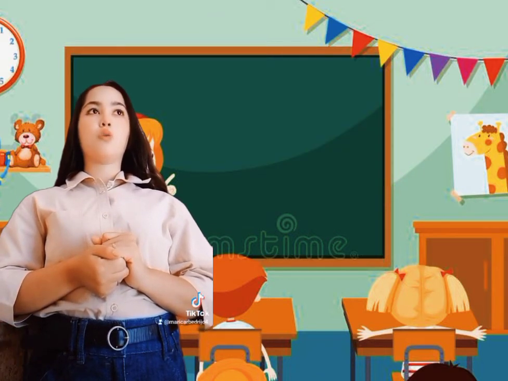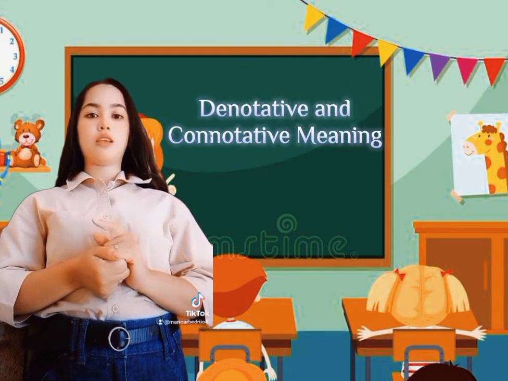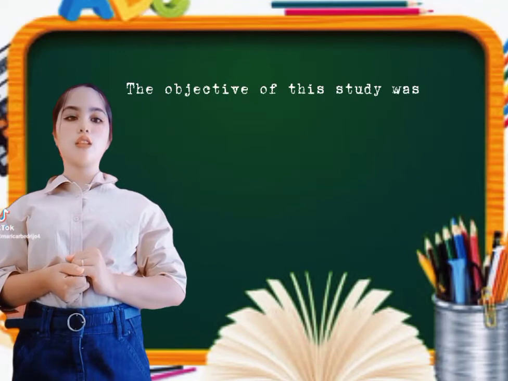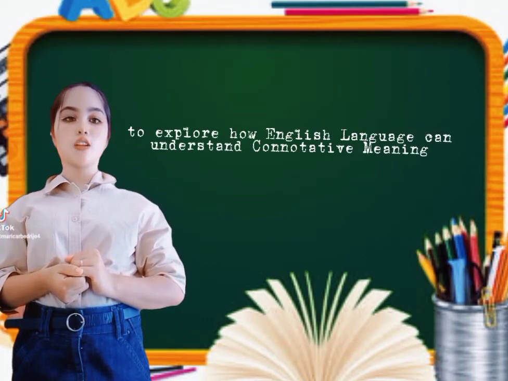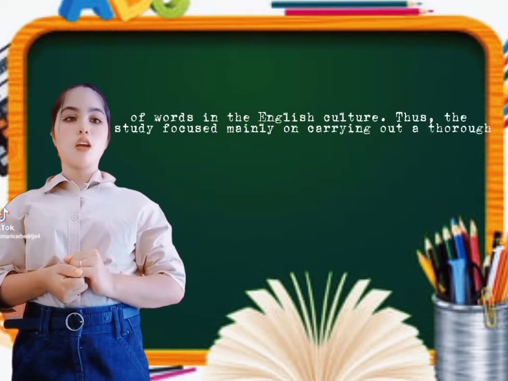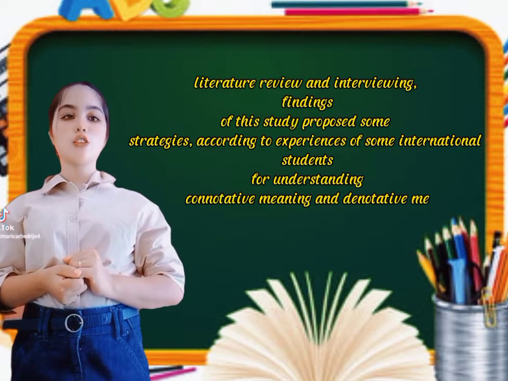So now I am going to discuss the denotative meaning and connotative meaning. The objective of this study was to explore how English language learners can understand connotative meanings of words in English culture.